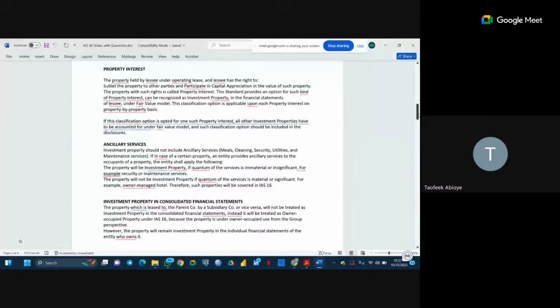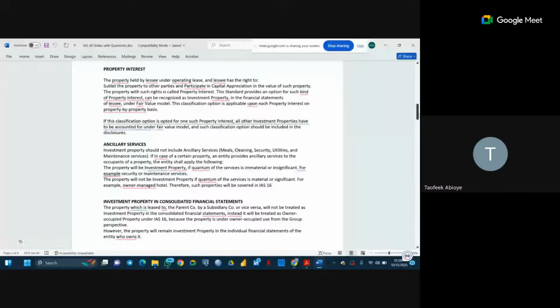Everything is being done by the hotel owner to their guests. Because that service is being done by the hotel owner to the guests, the hotel owner cannot recognize that particular building as an investment property, because the service they render to their customers has now become a substantial service.